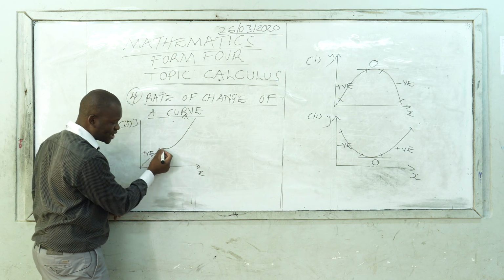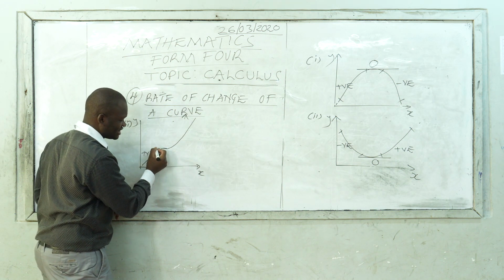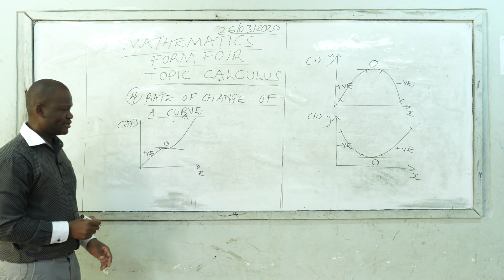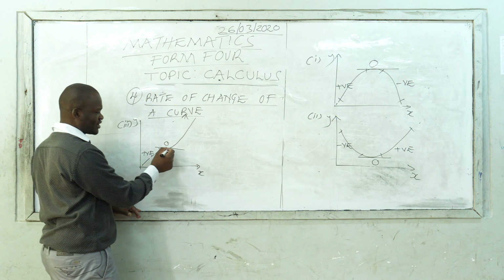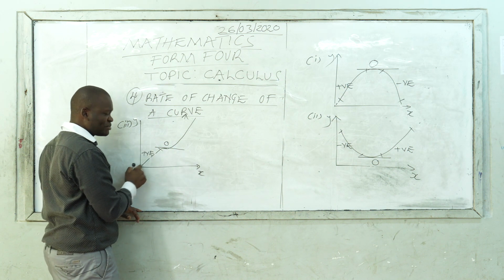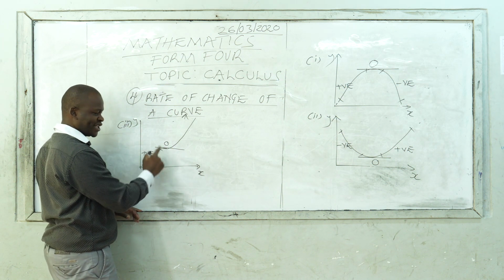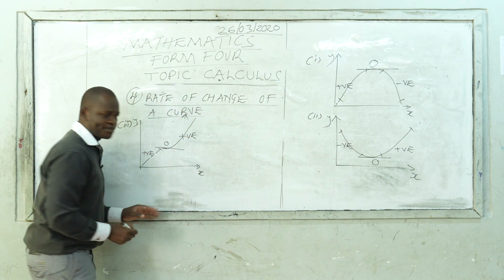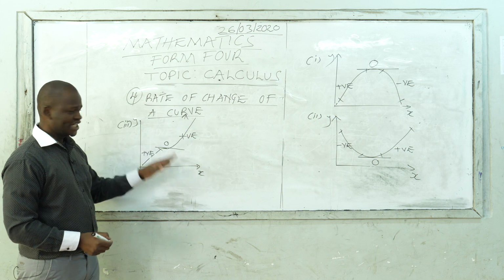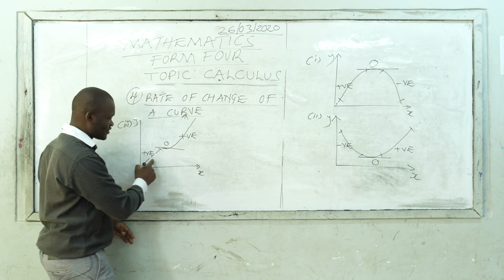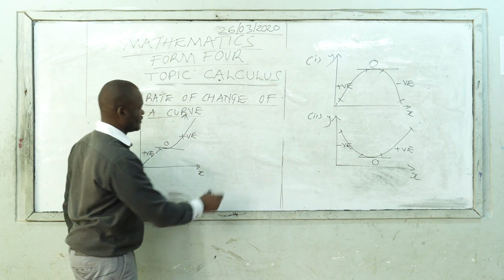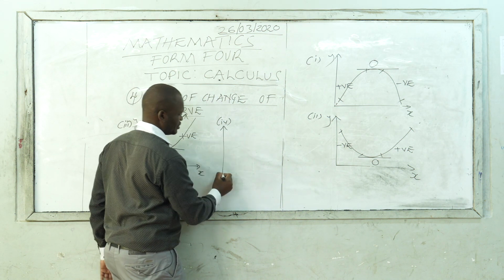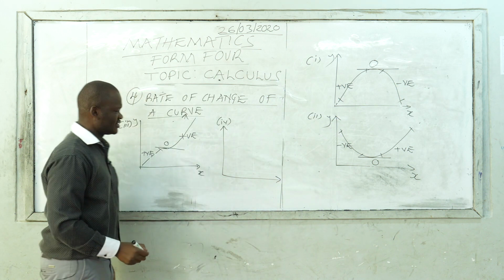Now, at the point where the turning occurs, it's like our curve is horizontal. We have a 0 gradient. Then after turning, if you're very keen, the same trend as the initial trend is maintained. So what do we have? The originally positive gradient trend. So we have positive, 0, positive. Then our fourth variation, then we can go to something else.